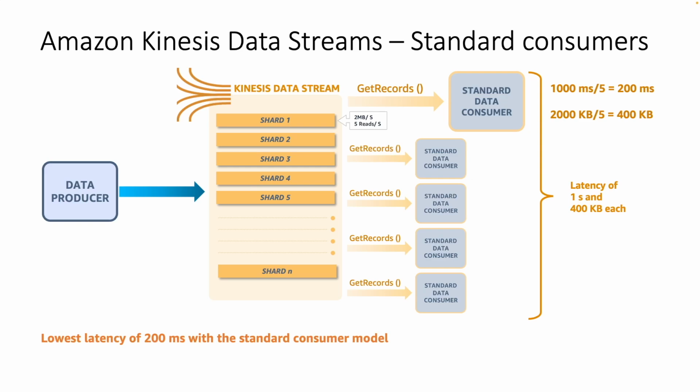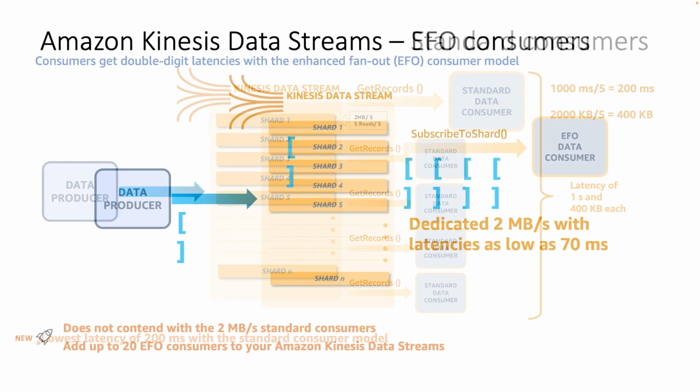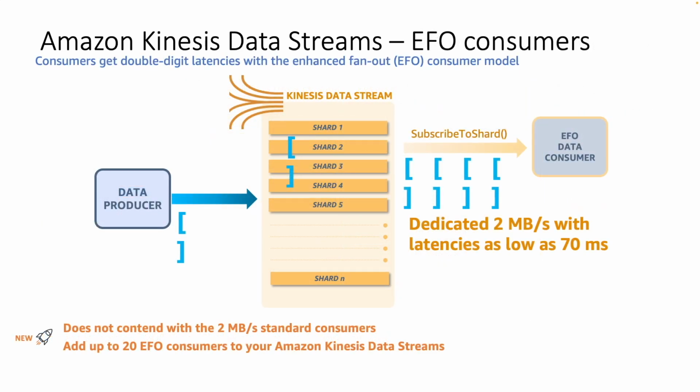But there is a second consumer model also available from Kinesis Data Streams. That's called enhanced fan-out. With enhanced fan-out, we get a dedicated 2 MB per second per consumer. So with that, the latencies can be as low as 70 milliseconds.